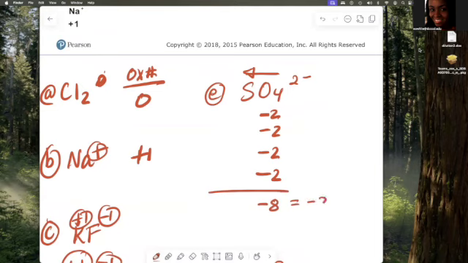But our overall charge in the formula is -2. So whatever oxidation number sulfur has to be, we need a number that when we add to -8, we get -2. That makes this +6. So each sulfur is +6, each oxygen is -2.